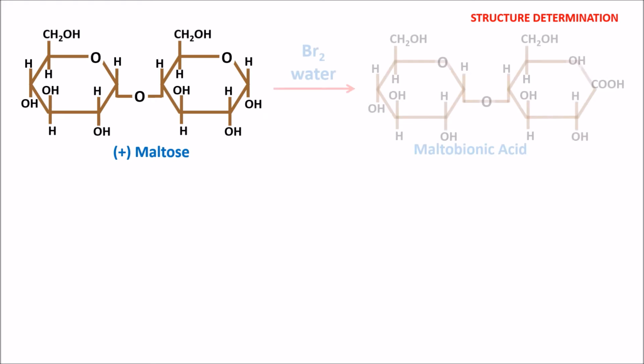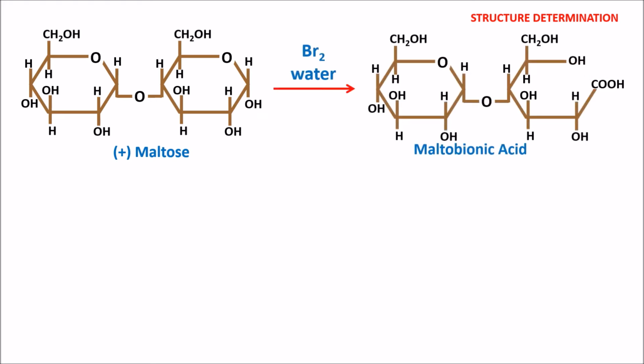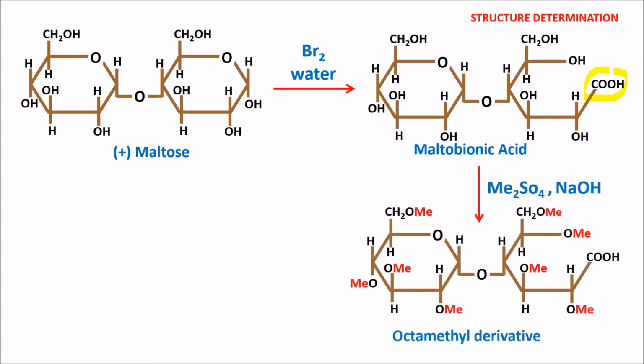Maltose can be easily oxidized in presence of bromine water to give a monocarboxylic acid, maltobionic acid, which has an open ring structure and has one COOH group. After complete methylation of this maltobionic acid, it gives the octamethyl derivative of maltobionic acid.